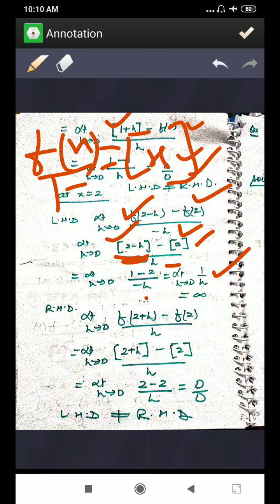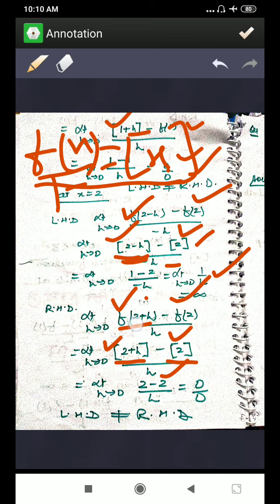Now we'll get right hand derivative. So right hand derivative is f a plus h minus f a divided by h. A is 2. So in this function you get the value of f of 2 plus h, that is greatest integer function 2 plus h. f2 is 2 only, greatest integer function. In this you put x equal to 2. Denominator it is h.